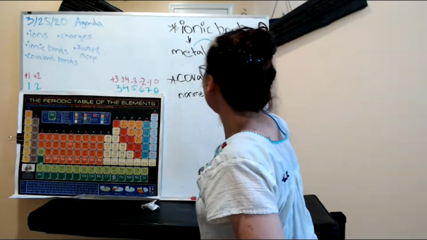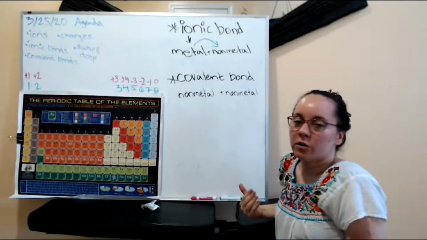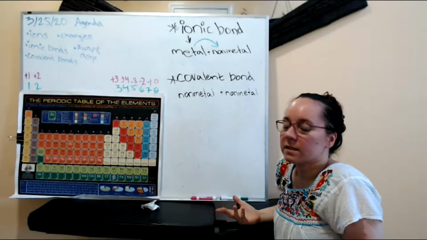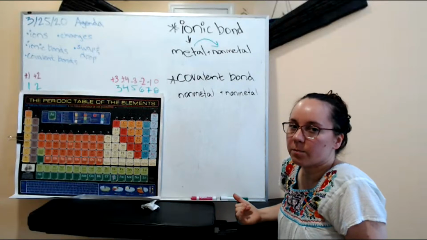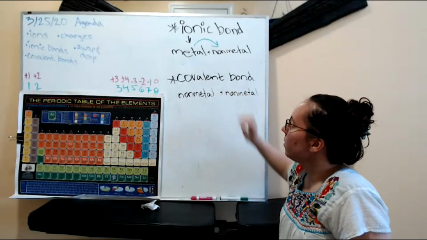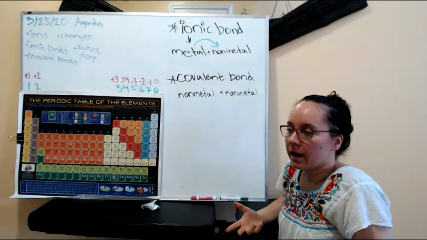So in your ionic bond, you had a donation and accepting system going on, okay? Donor-acceptor is ionic bond.